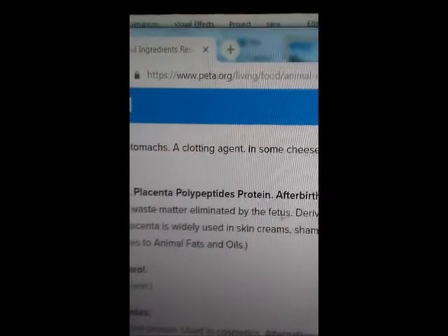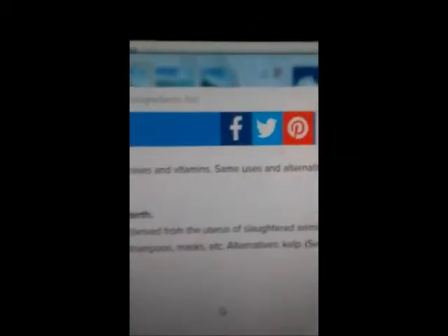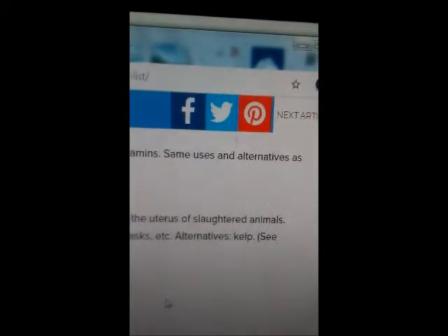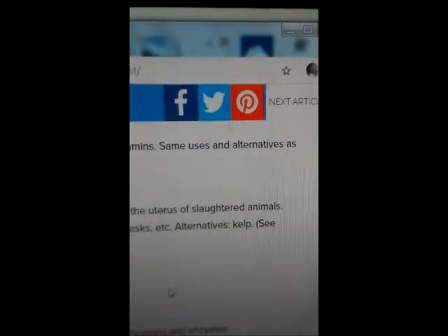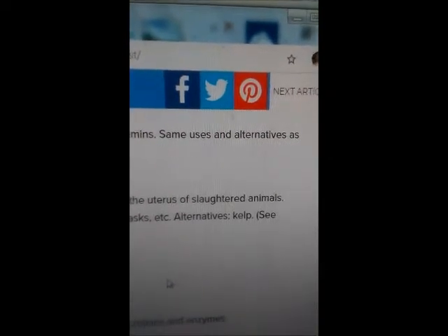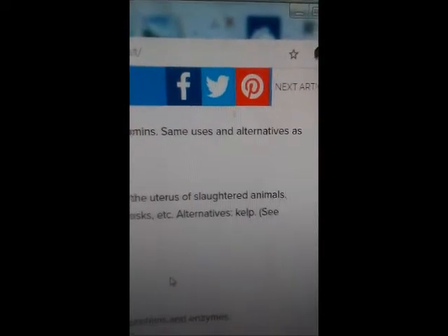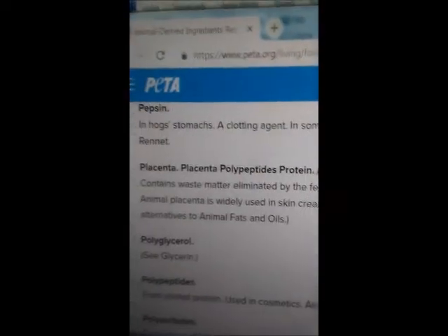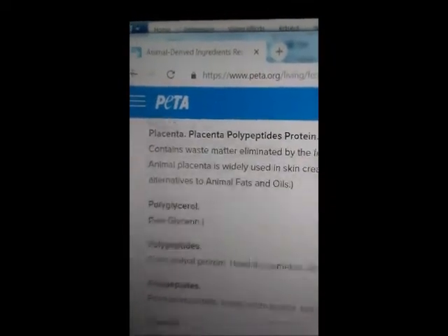Animal placenta is widely used in skin creams, shampoos, masks, etc. Alternatives: kelp. Use your kelp. Kelp feels so good. Feels like you're in a spa. It's amazing how it makes your skin feel, and the benefits and minerals from it that your skin needs. And see alternatives to animal fats and oils on that one also.